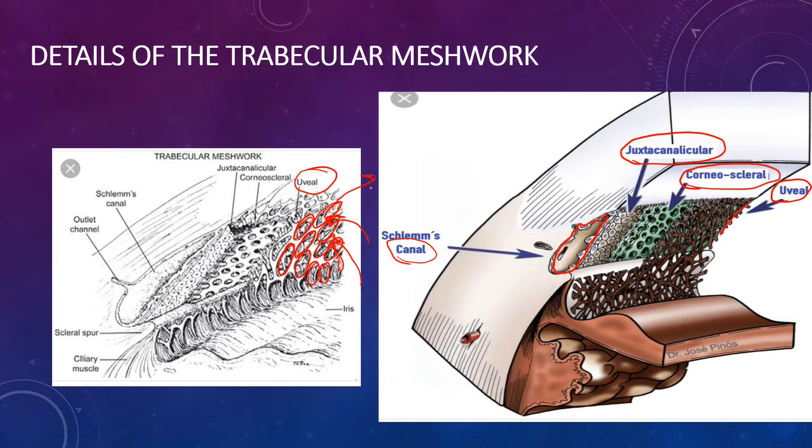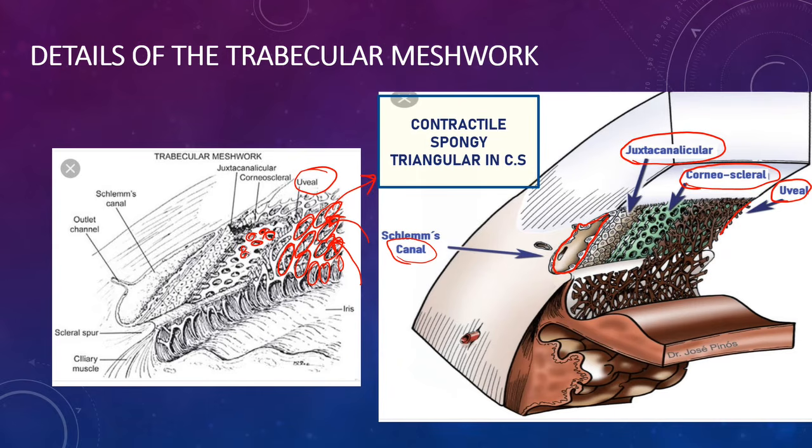As these holes are quite big in the uveal part, there is almost no resistance to the outflow of aqueous there. After that we have the corneoscleral part, in which the holes get converted into elliptical holes. And then we have the juxtacanalicular part, which has the thinnest holes and offers the maximum resistance to the outflow of the aqueous.